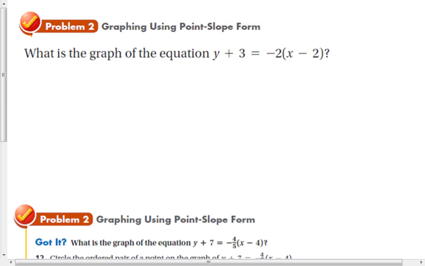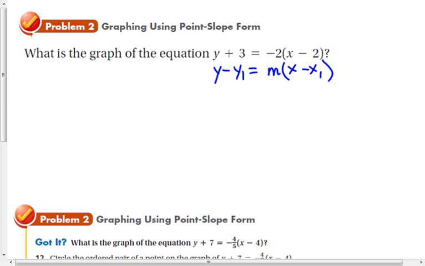We can also graph using this point-slope form. Remember that in the point-slope form, we are given a coordinate and we're given the slope, and that's really all you need to make a graph. So I'm going to write down the general formula here. The -2 is the slope, the m, and then we have an x coordinate.